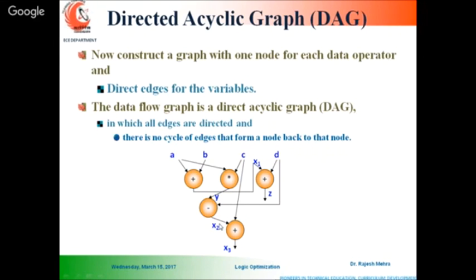X2 implies Y minus D, right? This one, Y minus D, and the last one was X3, where X2 was added with C. So all 5 expressions are now converted into DAG, directed acyclic graph.